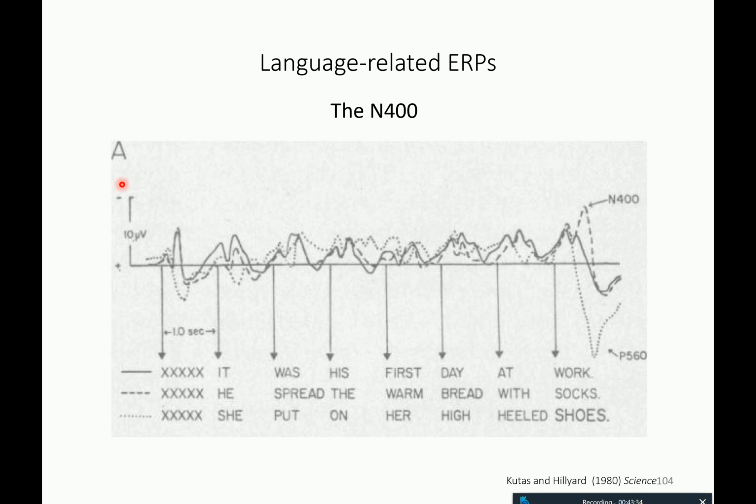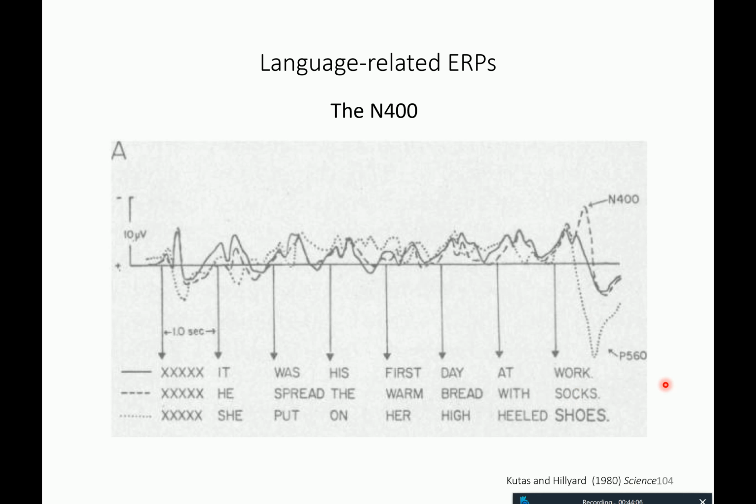Again, this is work from the 60s, where people in EEG, I don't know, were walking on their heads, or for whatever reasons they plot negativity upwards, and you have this negativity here. This is actually not from the 60s, sorry, it's from 1980. So it's almost as old as I am. But still negativity is upwards. And this is the N400 to this word socks.